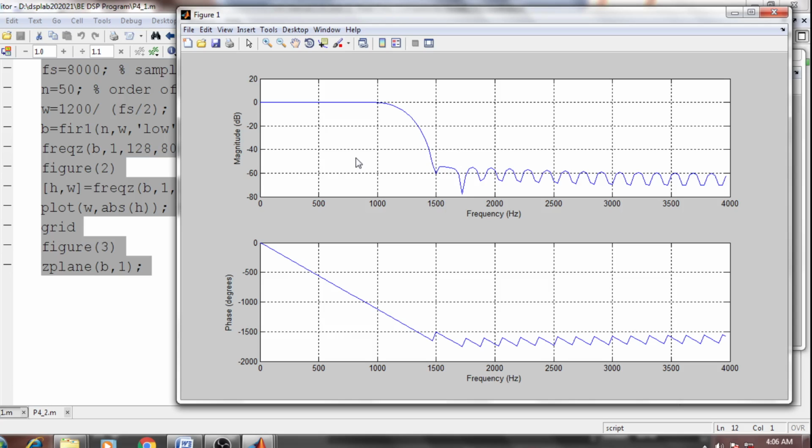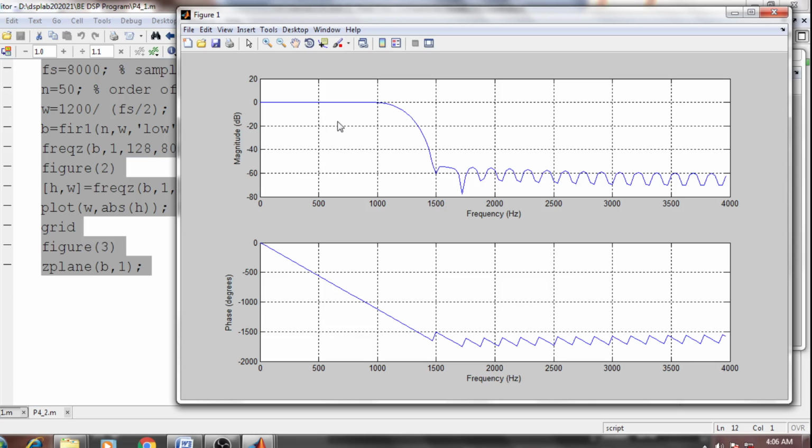This magnitude plot is representing that the frequency between 0 to 1200 is passed, and after 1200 hertz the remaining frequency up to 4000 hertz is blocked. So at 0 dB you will see the frequency is passed, and at minus 60 dB you can see the frequency is rippling, which means we say it is blocked.